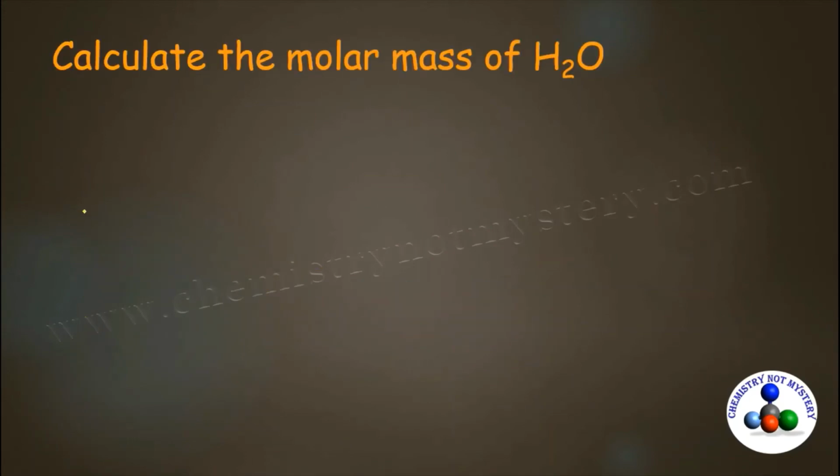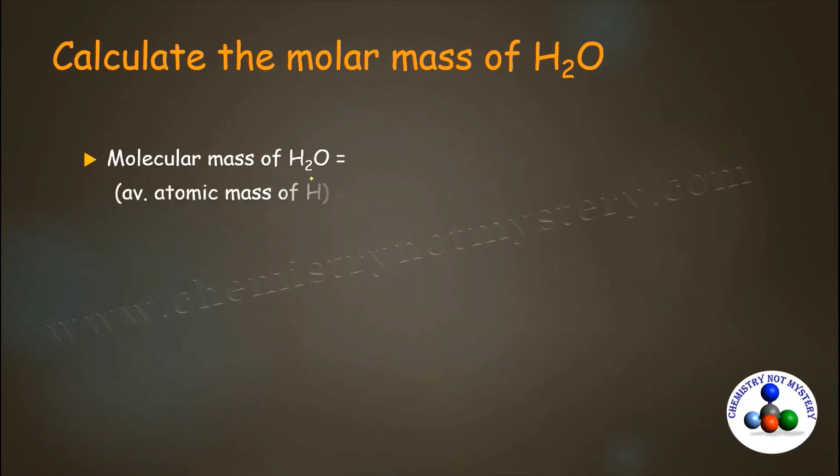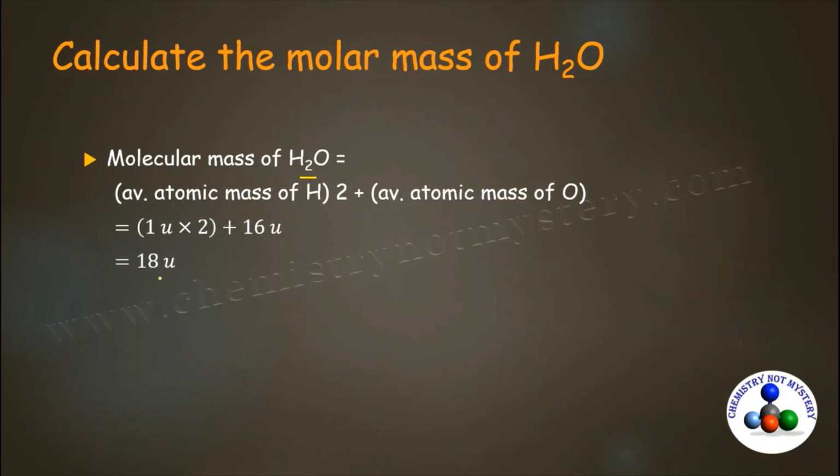First, calculate the molecular mass of water, that is equal to the average atomic mass of hydrogen multiplied by 2, as there are 2 atoms of hydrogen, plus average atomic mass of oxygen. Now place the values in the given formula. So you will get average atomic mass of hydrogen is 1 U multiplied by 2 plus 16 U, that is the average atomic mass of oxygen. When you solve it, you will get 18 U, that is the molecular mass of water.